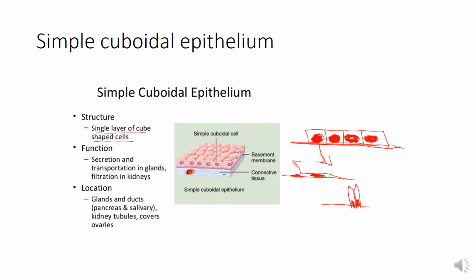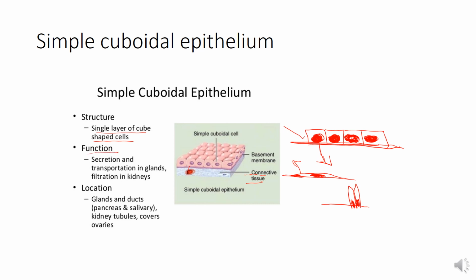So the cuboidal epithelium consists of a single layer of cube-shaped cells with a spherical central nucleus, and it rests on the basement membrane. Below the basement membrane lies connective tissue in which blood vessels are present, and this epithelium takes its nutrition from these blood vessels.